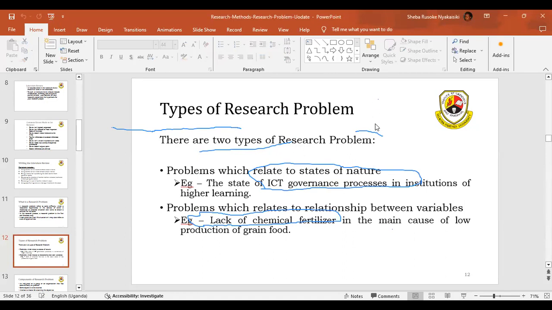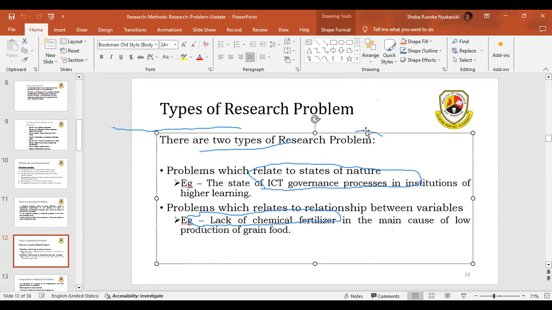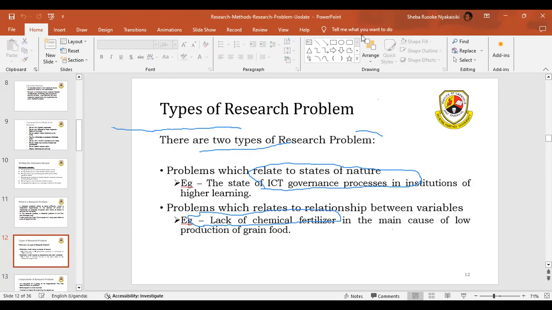The Zoom also seems to be acting up. It's just popping up different images, but sorry about that. Okay. It's okay. Okay, so let's get back to this.